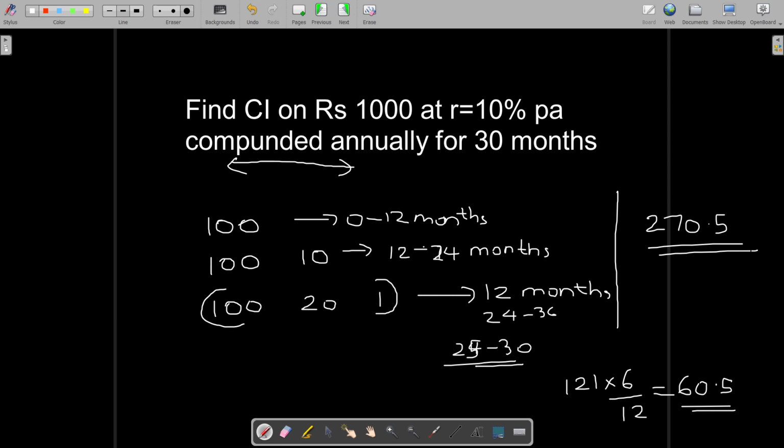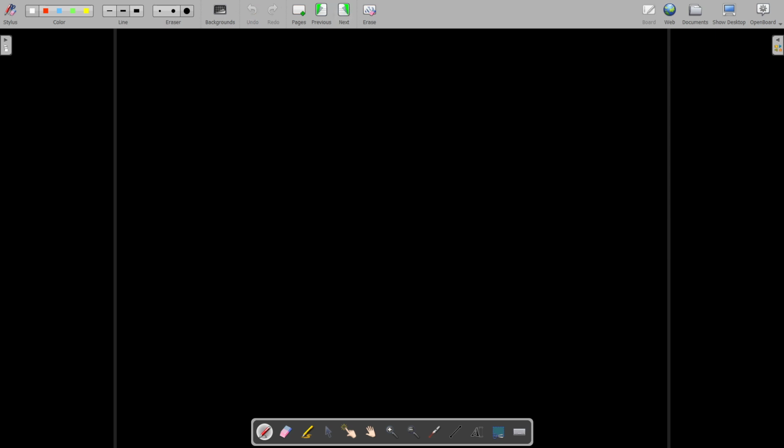Now, why I said this is a pretty controversial one is that this is a bit wrong, because you cannot find the interest for a broken period of time using this method. If you know the equation for CI, you know that amount is equal to principal into 1 plus R by 100 raised to time period. Here principal is 1000.